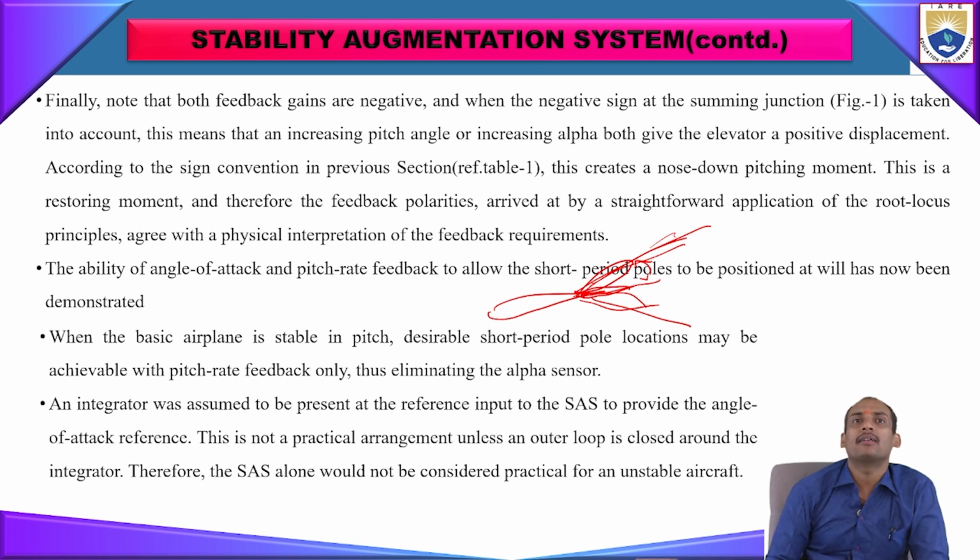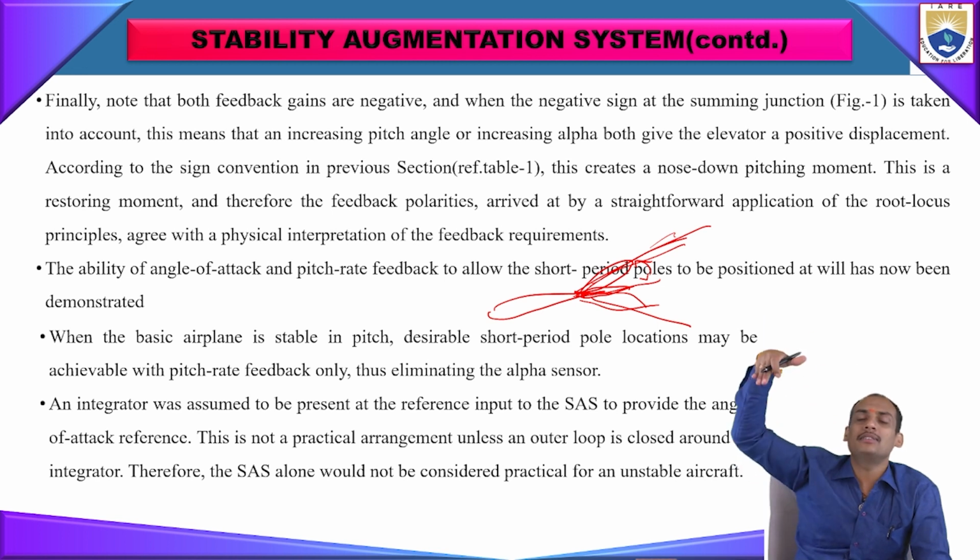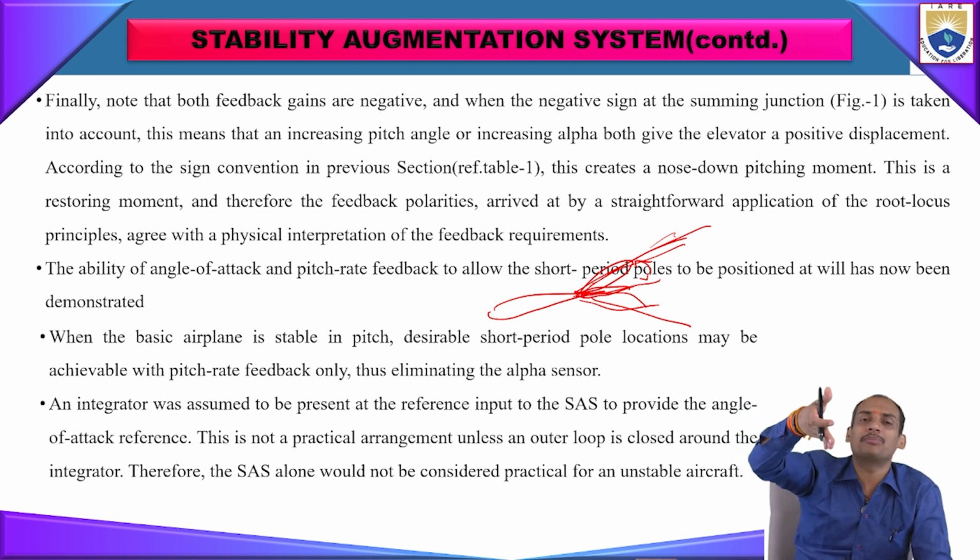If you refer to the table in the previous video, that creates a nose down pitching moment. This is a restoring moment, and therefore the feedback polarities arrived at by the straightforward application of root locus principles agree with the physical interpretation of feedback requirement. When we keep on increasing, the feedback should reach a maximum value, so that the maximum nose down pitching moment comes.